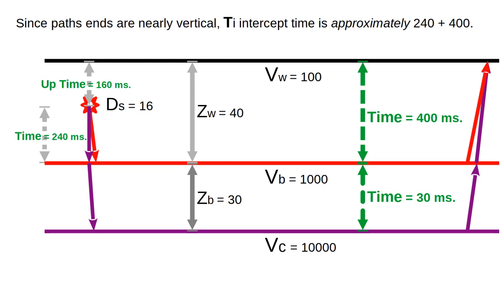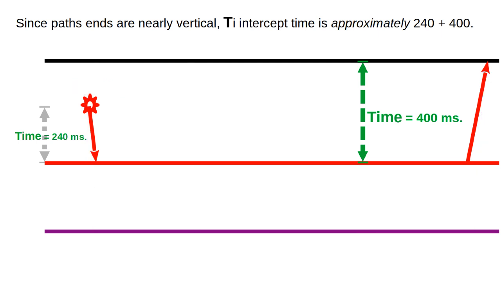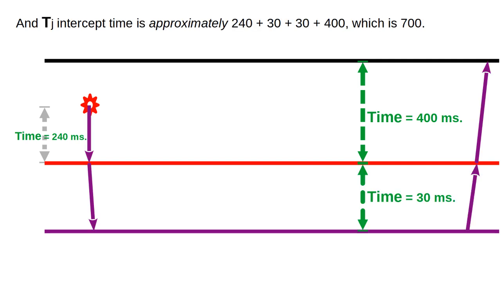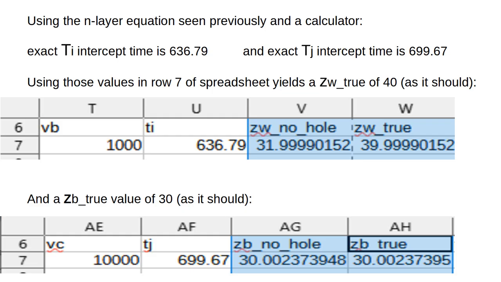Since path ends are nearly vertical, TI intercept time is approximately 240 plus 400. And TJ intercept time is approximately 240 plus 30 plus 30 plus 400, which is 700.